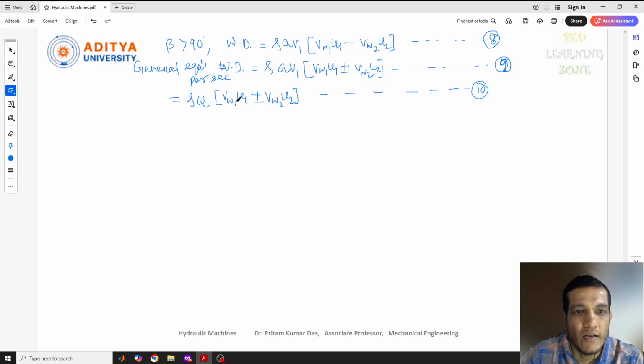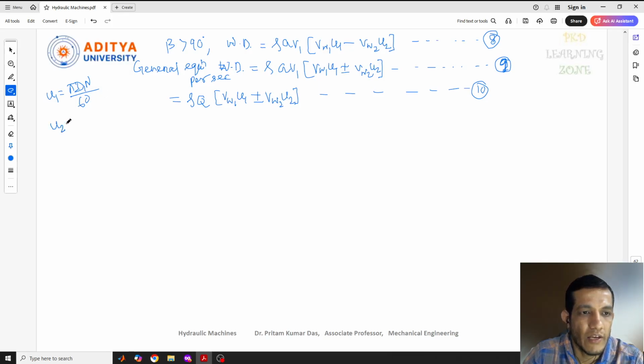Here v w1 and v w2 are the whirl velocities at inlet and outlet conditions, and u1 is the tangential velocity at inlet, which can be calculated as pi d n by 60. Here d2 is the diameter at outlet condition and d1 is the diameter at inlet condition, outlet for the wheel but inlet for the flow of water, you can say.